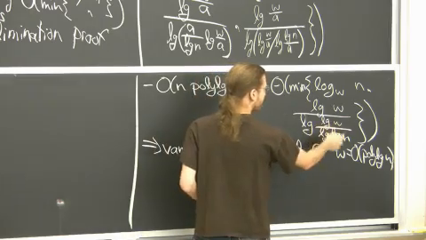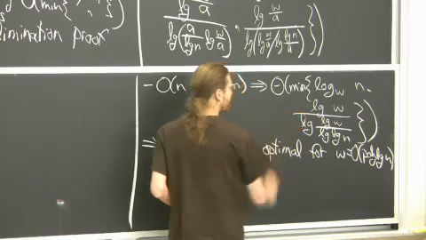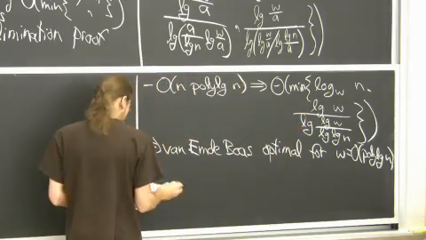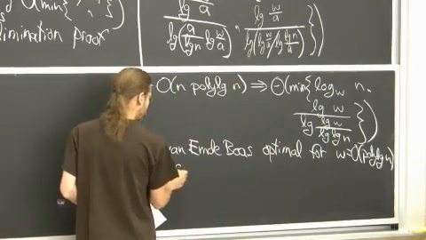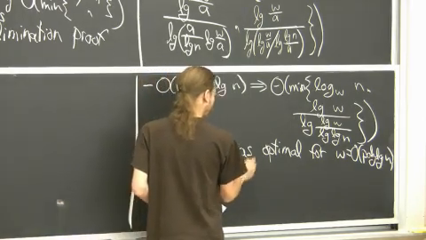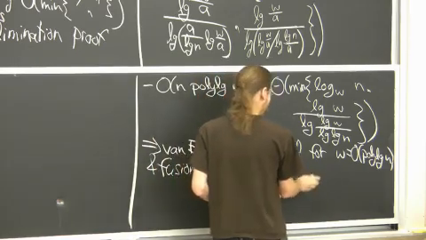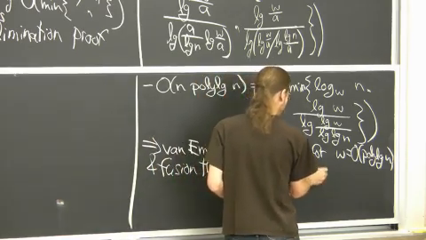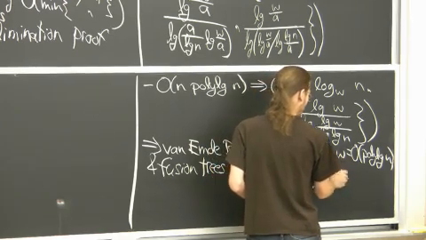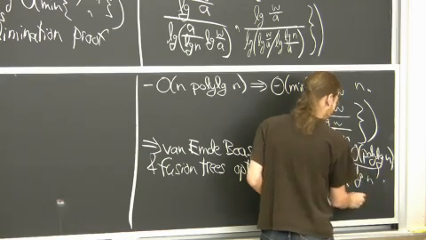That's log w would be order log n if you're polylog. So this disappears, and you just get log w. So that's one thing. Fusion trees are optimal for log w order square root log n times log n.